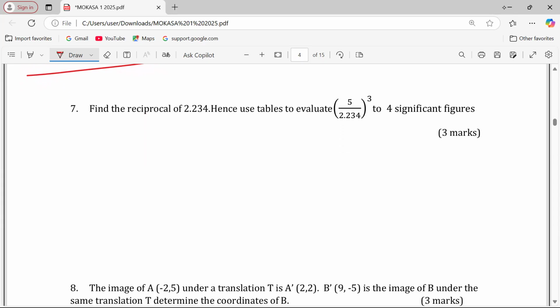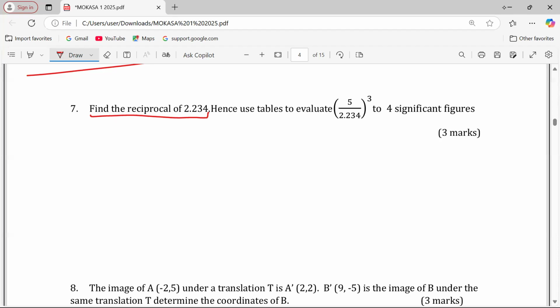Number 7. Find the reciprocal of 2.234. Hence, use tables to evaluate 5 out of 2.234 raised to power 3 to 4 significant figures. Find the reciprocal of, this one is independent. You may or may not use the reciprocal tables.